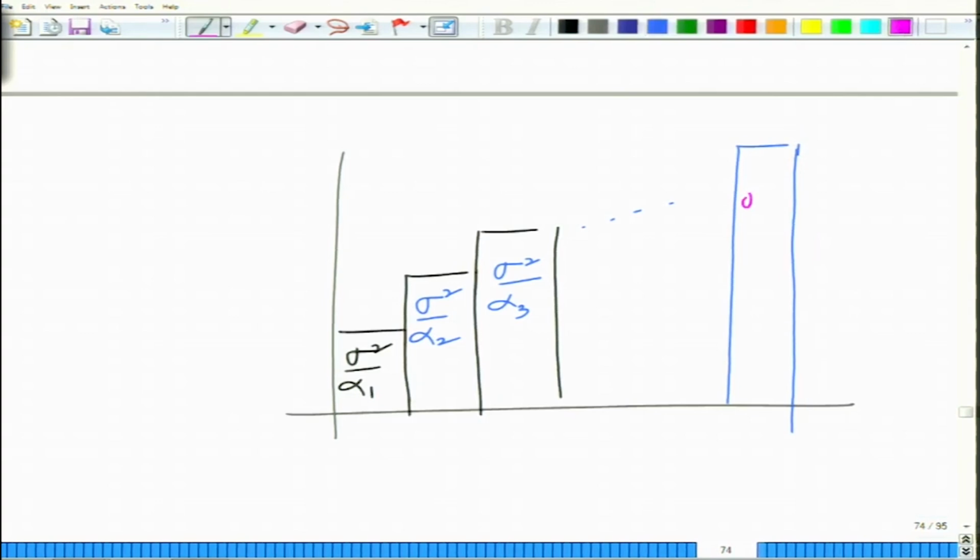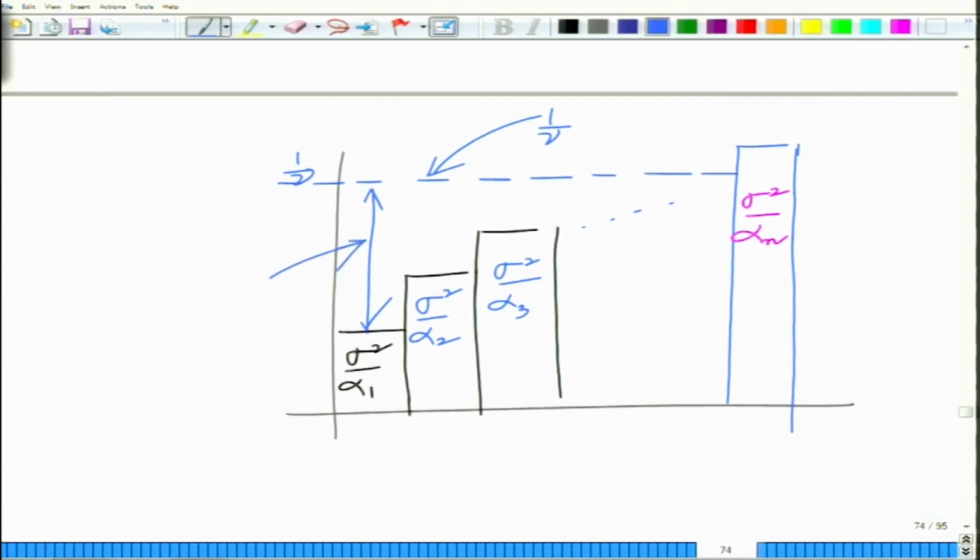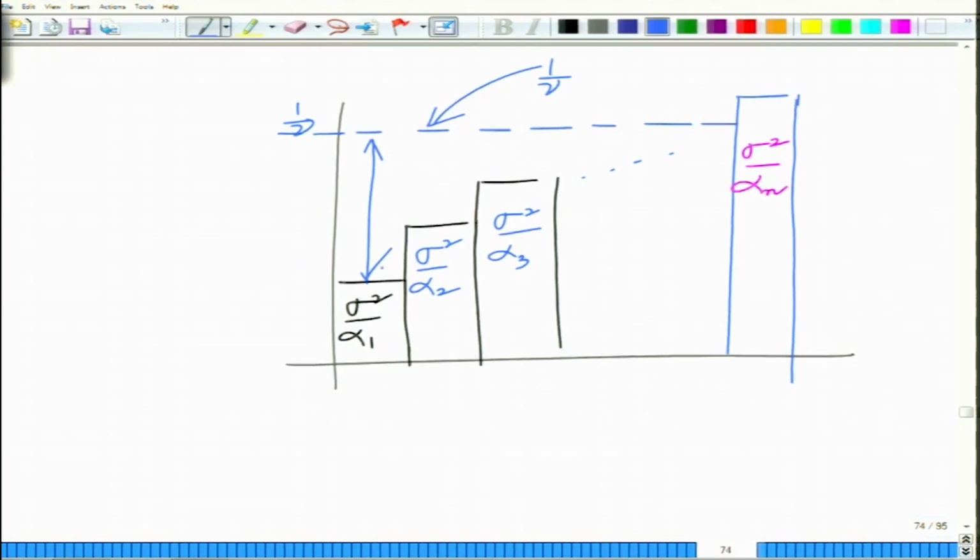Now, if you draw the level 1 over nu, you can think of this as a water level. The power allocated to the first channel is basically the amount of water, that is the level of water 1 over nu.